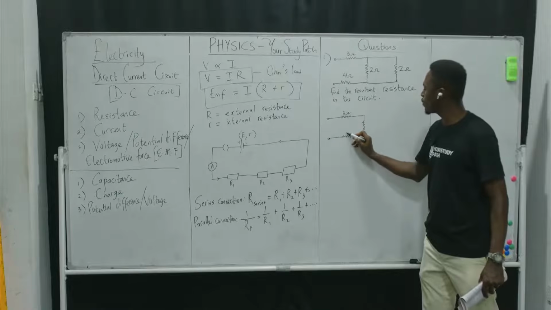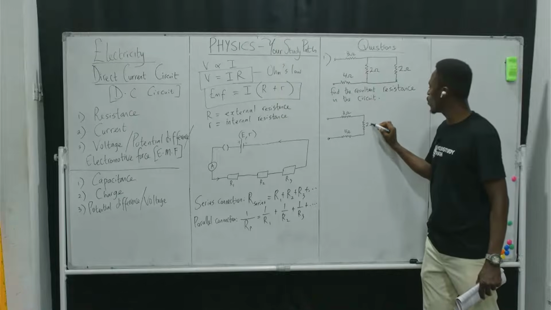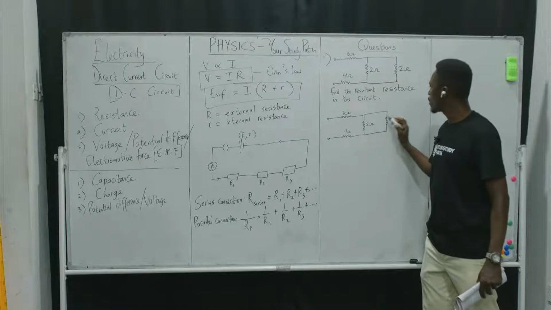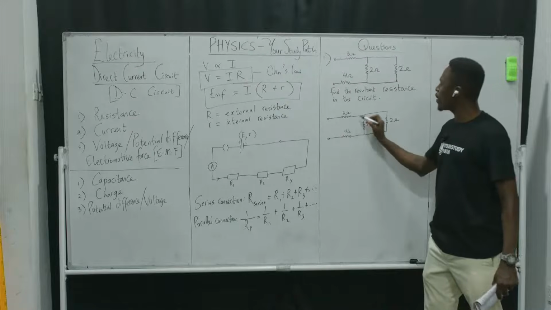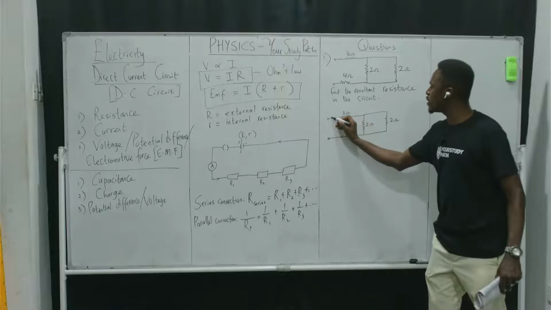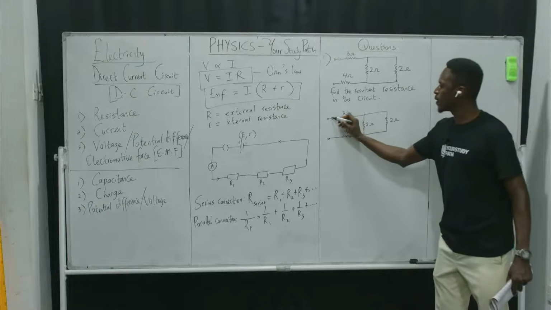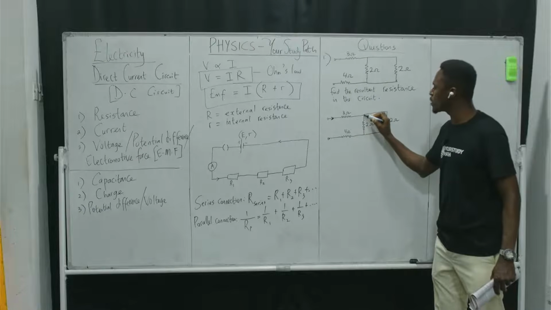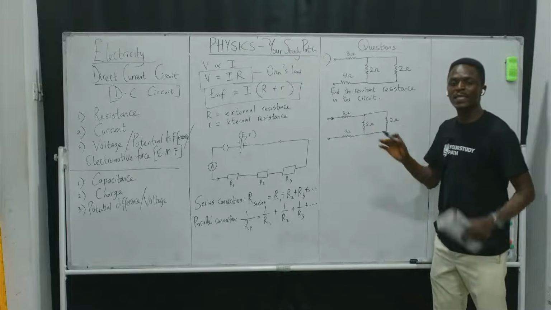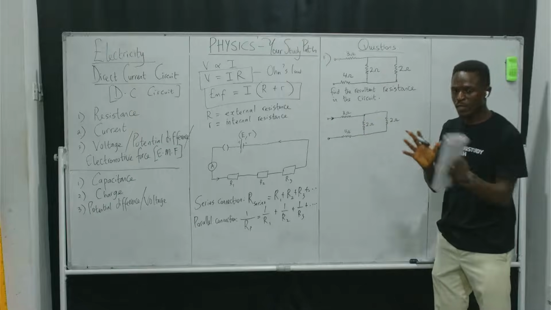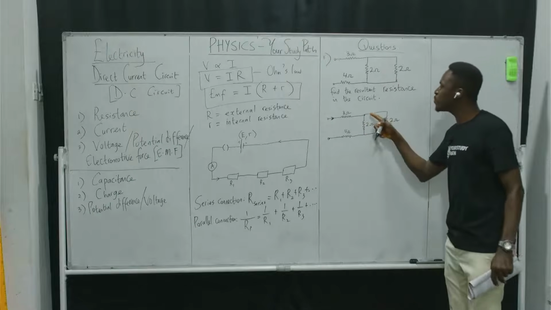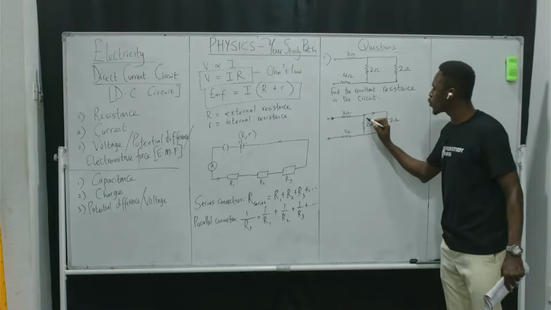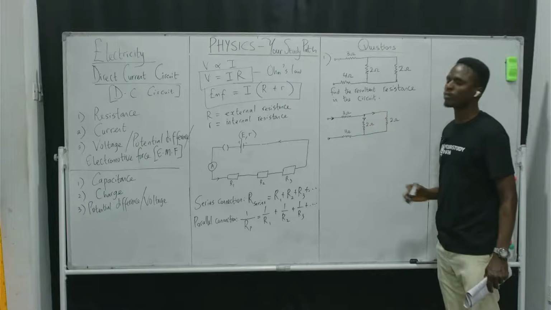Three ohms is here, 4 ohms, 2 ohms, 2 ohms. Whenever current flows from here, it enters the 3 ohms. When it gets to this junction, it tends to split. On splitting, some of the current will move further along this path, some will move downwards.